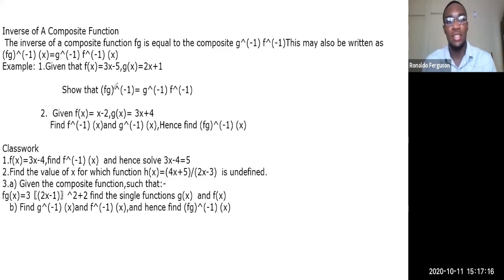Here the question says, given that f of x is 3x minus 5 and g of x is 2x plus 1, show that fg to the minus 1 is equal to g to the minus 1, f to the minus 1. So we're pretty much going to prove that the formula is right.